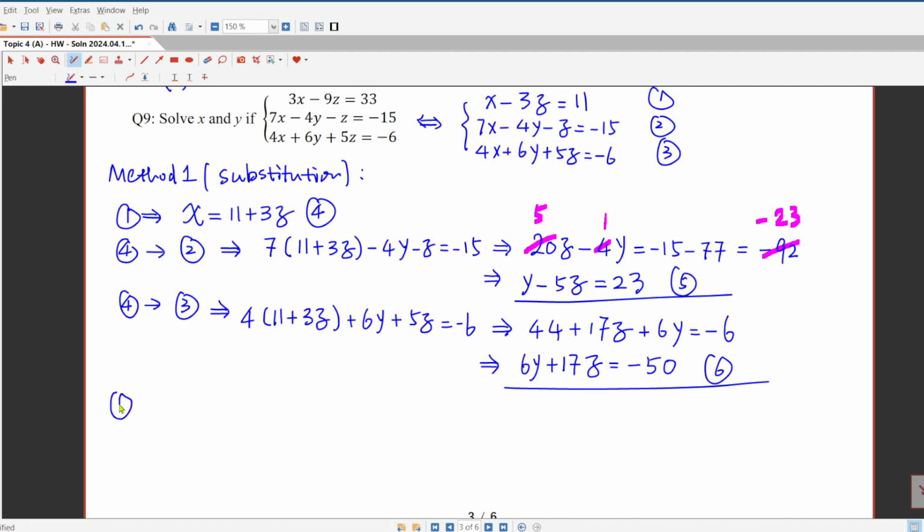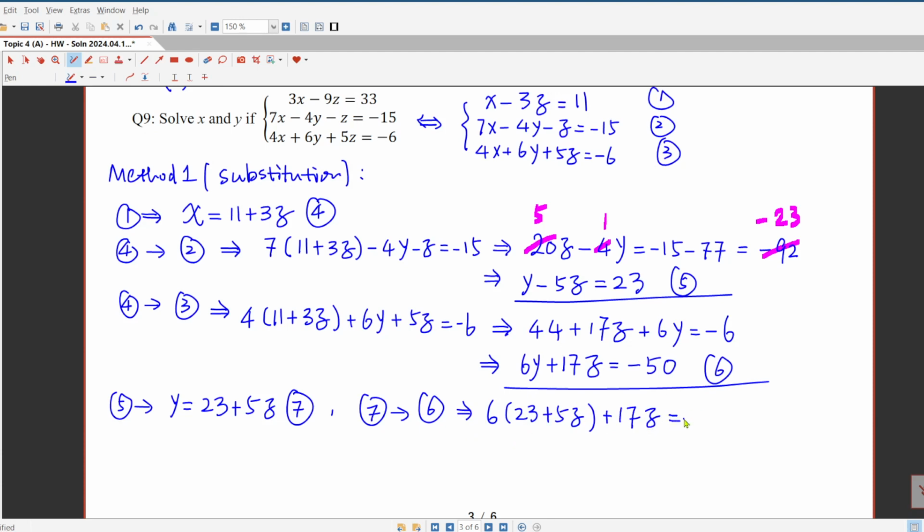And okay, from number 5, we can have y equals 23 plus 5z, right? Let's call this number 7. Then put number 7 into number 6. This will give us 6y is 6 times (23 plus 5z), right? So again, we eliminate the variable y or reduce the number of unknown variables to only one, which is z here, right? Plus 17z equals negative 50.